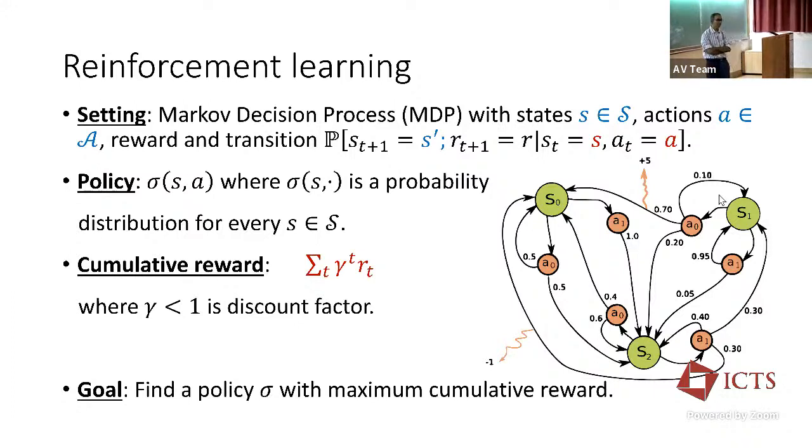That is, if I am getting some reward much further in the future, I will not pay much attention to it. I want to do reasonably well in the next few steps. And the goal is to find this policy, which means a probability distribution over actions for a given state, that maximizes this cumulative reward.